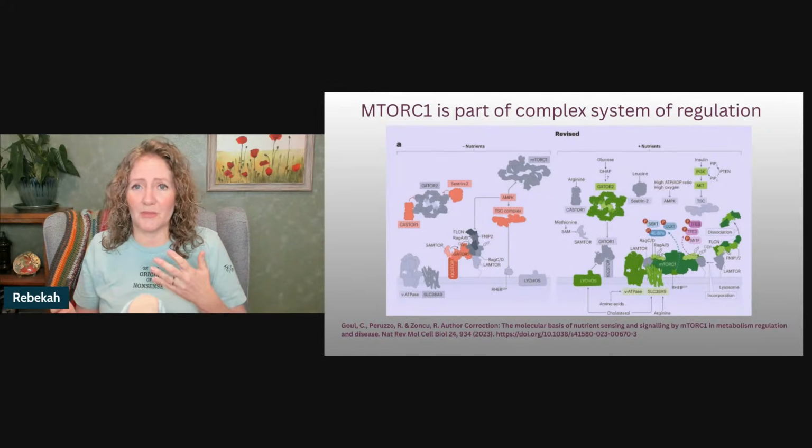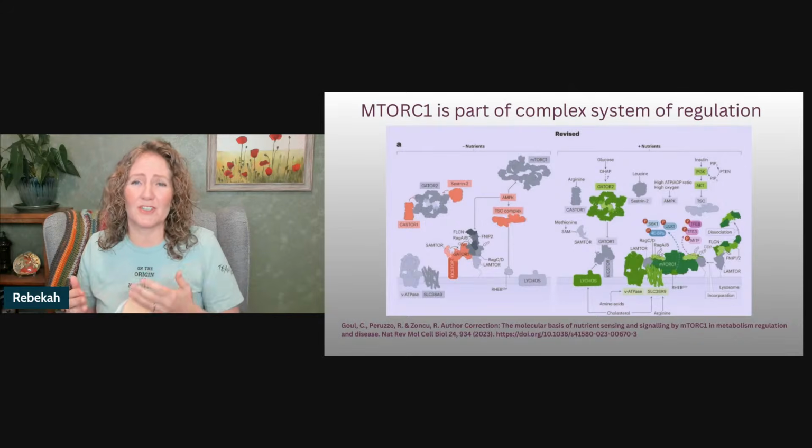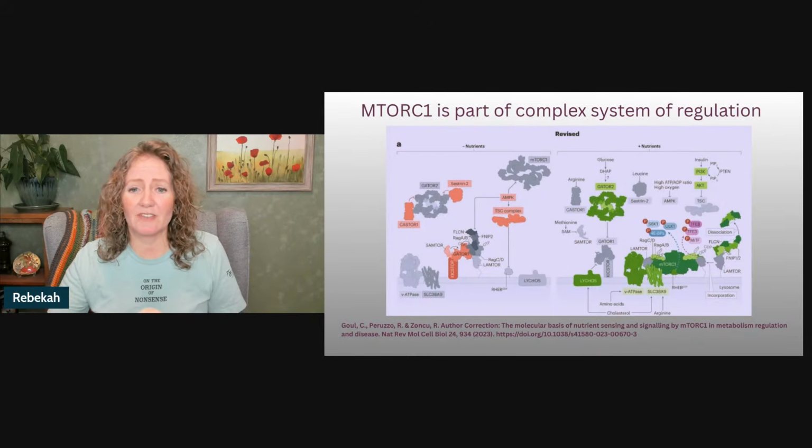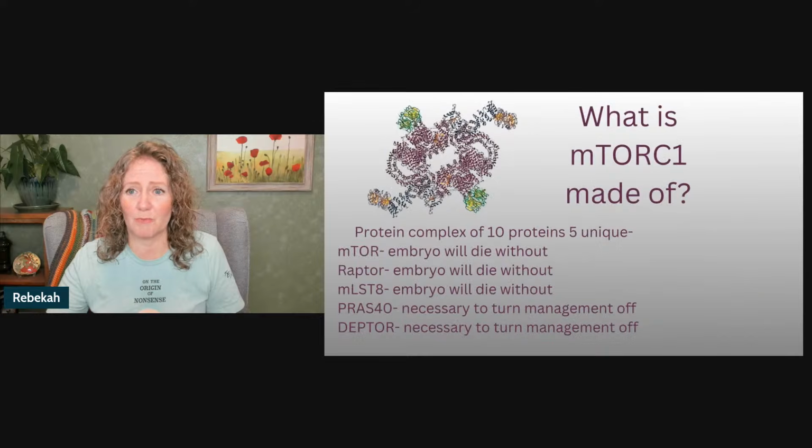So this is an integrated system. This is something that requires many more than just one thing in place to work properly. So if we're going to talk about how this evolved, we have to not only think about the protein complex itself, but also all of the proteins that it interacts with and all of the system functions that it interacts with in order to function properly.